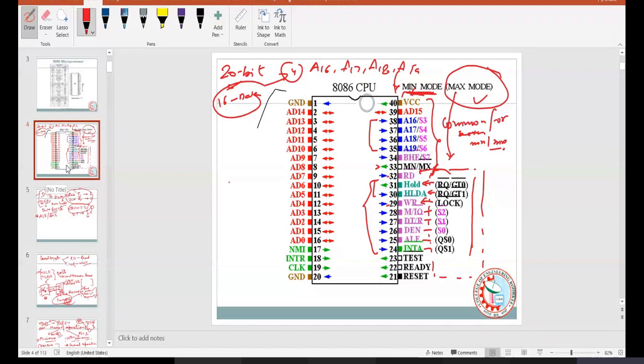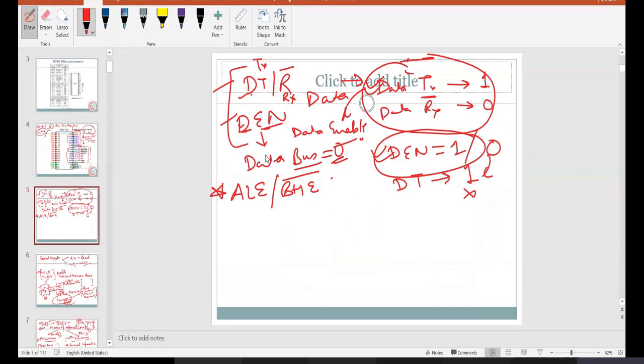How are they different, and why? If they are both the same, then why are these two pins in the pin diagram? Just try to understand. ALE is for minimum mode, and BHE is for maximum mode.